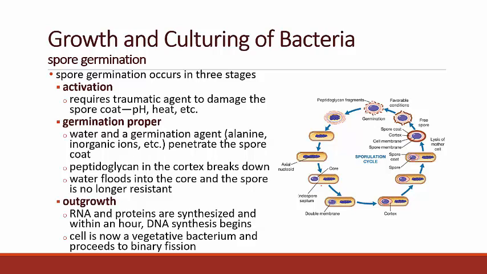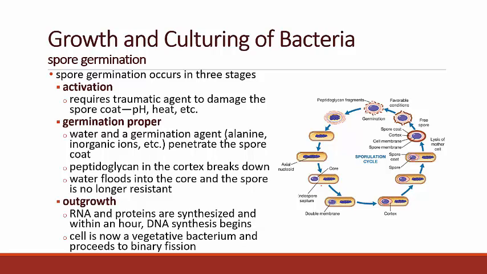And at this point, the spore is no longer resistant. So if something damages the cell now, once germination proper has begun, then the spore has lost its resistance. So then last of all, we see outgrowth.